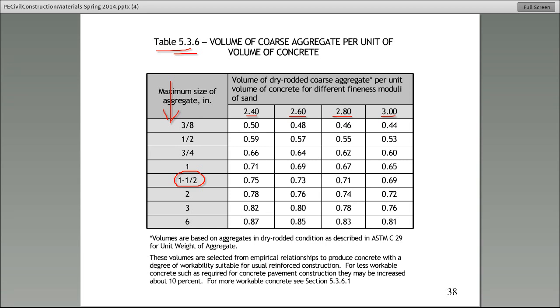That's the fineness modulus of sand. We have 4 choices, 2.4, 2.6, 2.8, and 3.0. Remember, guys, earlier I told you that the fineness modulus is a parameter we use in the mix design, but for some reason it's very popular on the exam. All right?